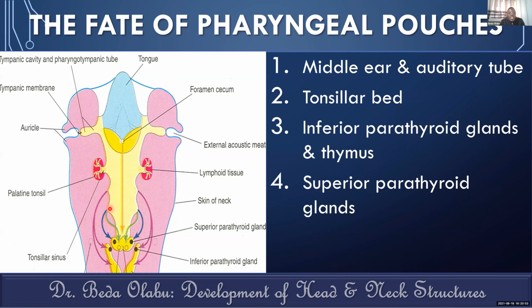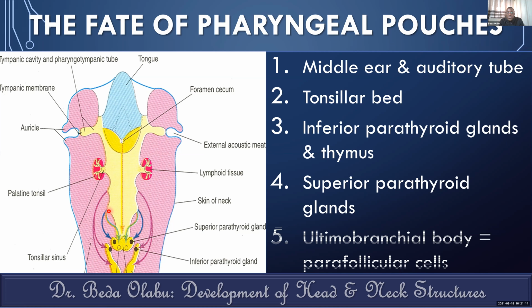Then the superior parathyroid glands are the ones which are going to arise from the fourth pharyngeal pouch. But remember, the fourth pharyngeal pouch was also being formed partly by what we call the ultimobranchial body.